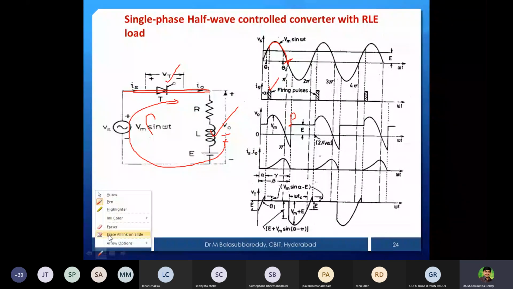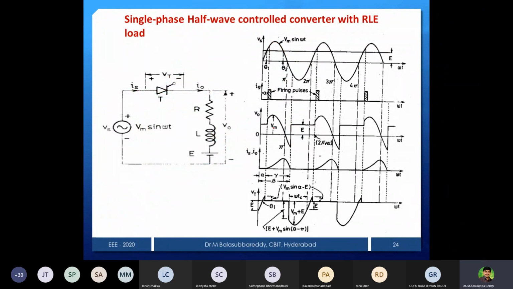So that is the point. Up to that, the output is the same as the source voltage. It continues to conduct up to beta. But after this instant, the device is turned off and this branch is open, and then the load voltage is the same as the battery voltage, because this is open.